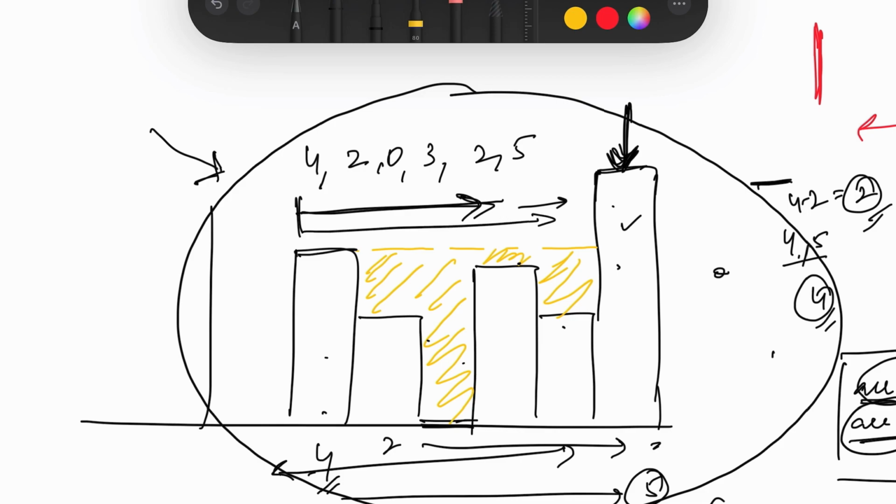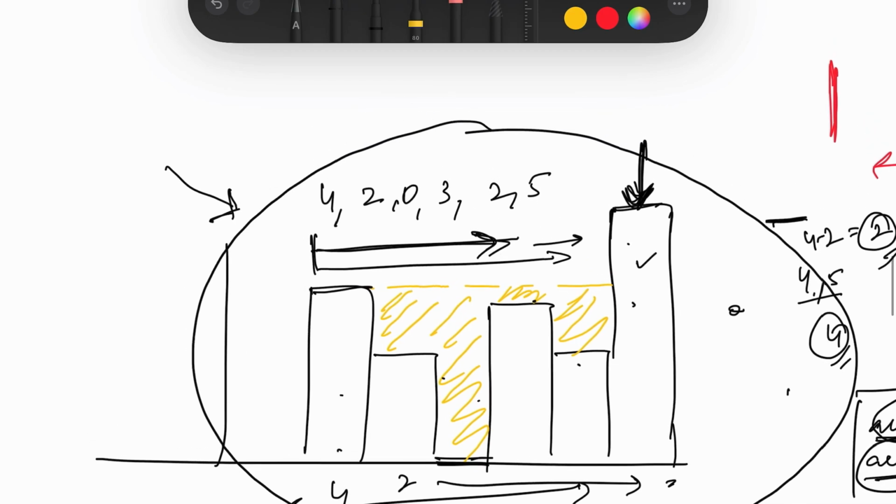Okay, so let's say someone breaks the problem and tells you that you have these numbers, and on the right side you have an infinite amount of towers. If there is an infinite amount of towers, we just have to worry about the left height.